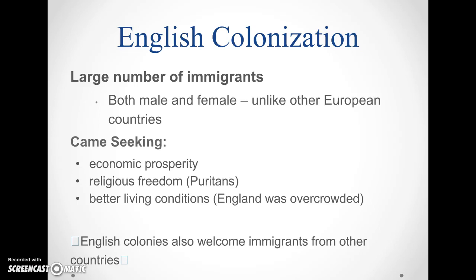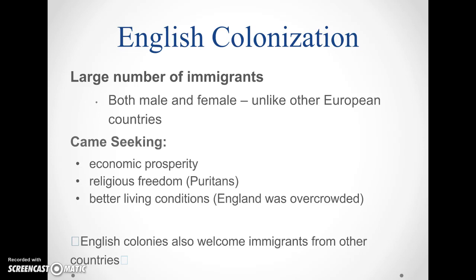A lot of English colonists would come seeking wealth, also known as economic prosperity. And we'll talk about one of those regions first. Others came for religious freedom. As you're familiar with the Pilgrims, you're probably used to them being called that, but we're going to refer to them as Puritans.